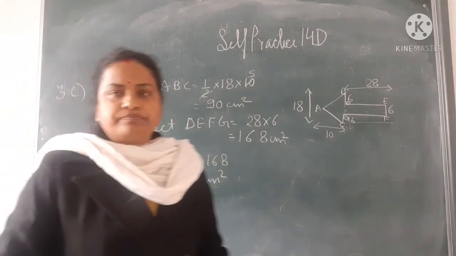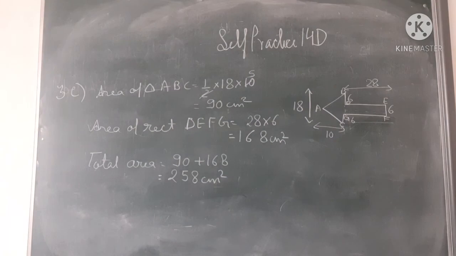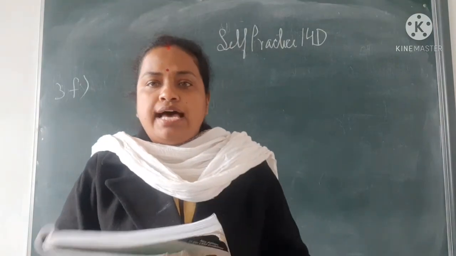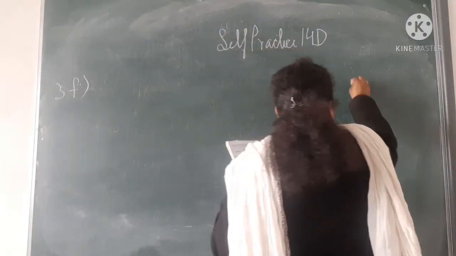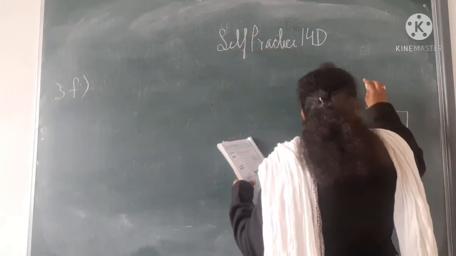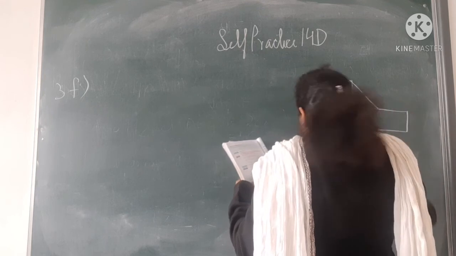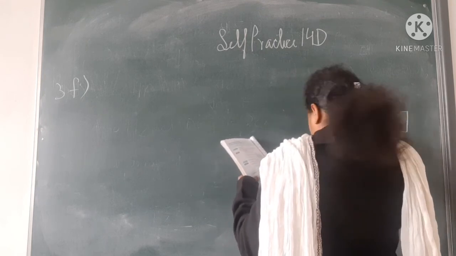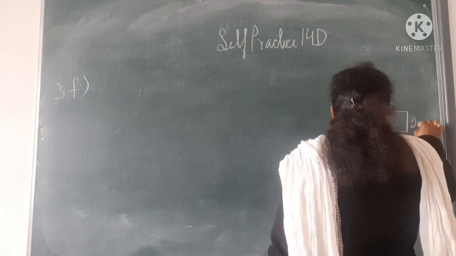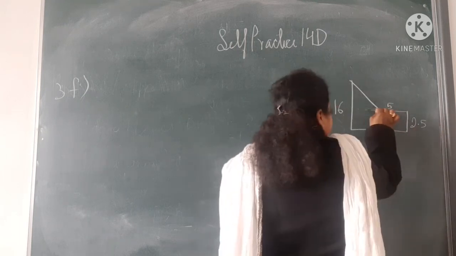Okay? Yes, Miss, done. Now the last part of it, that is the F part. The figure is being drawn like this. Okay? This is given as 16, 5, 13, 2.5. So what will be this length?